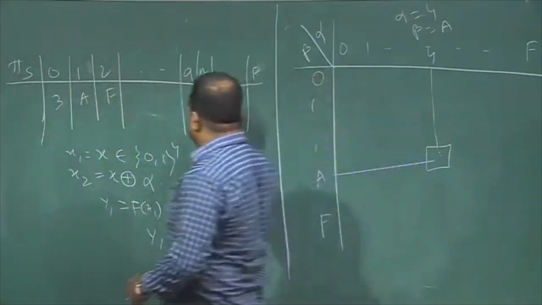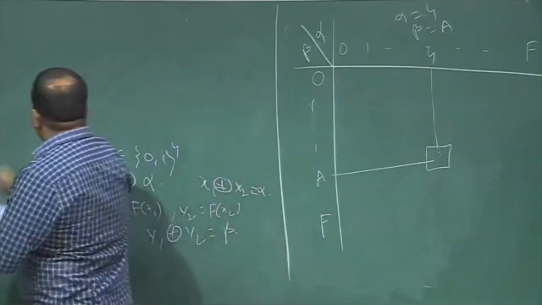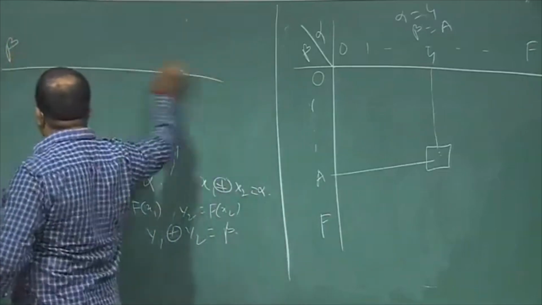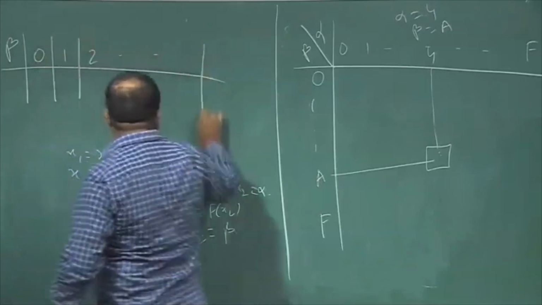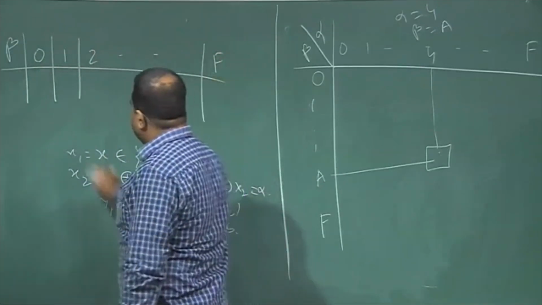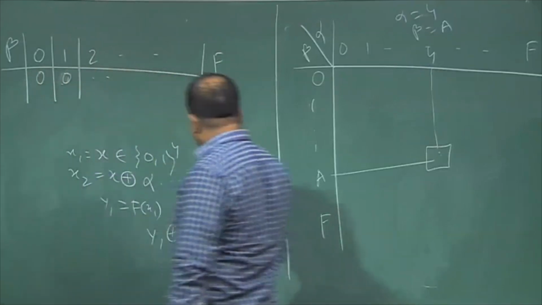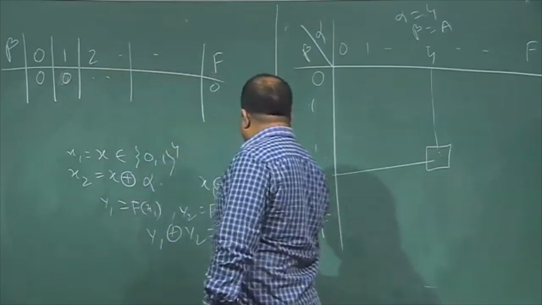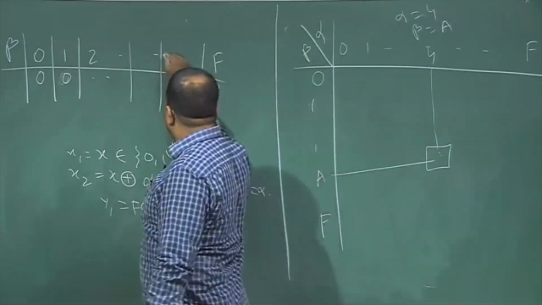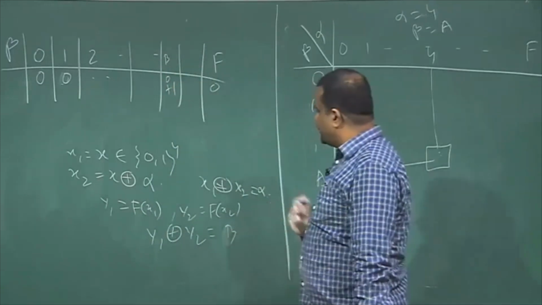So basically we have a table like this for this alpha, with a beta value for a fixed alpha, 0, 1, 2, up to f. We initialize all of it with a count of 0. Suppose we get b, where the count was 0, so we just add plus 1 here.